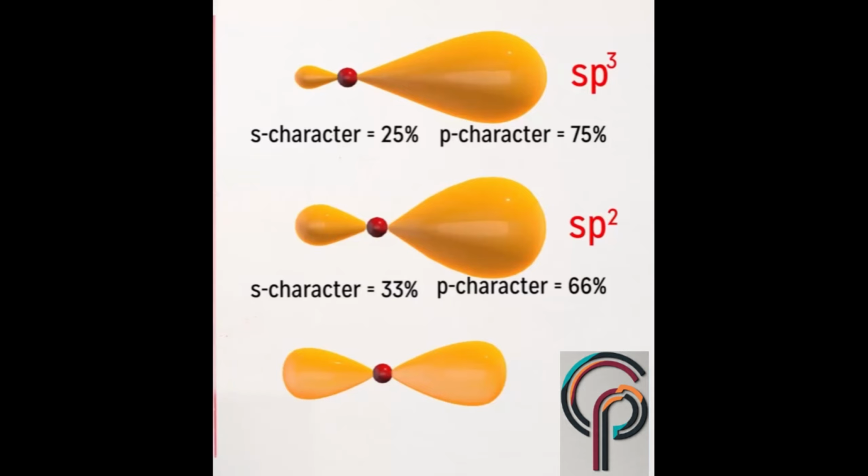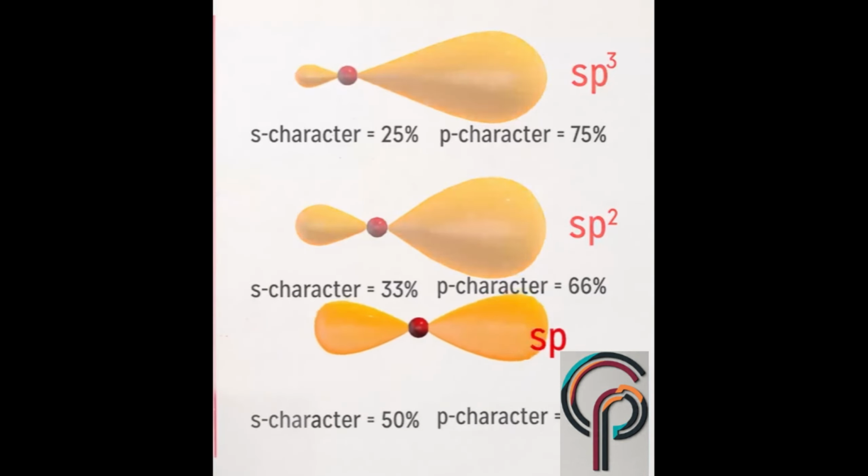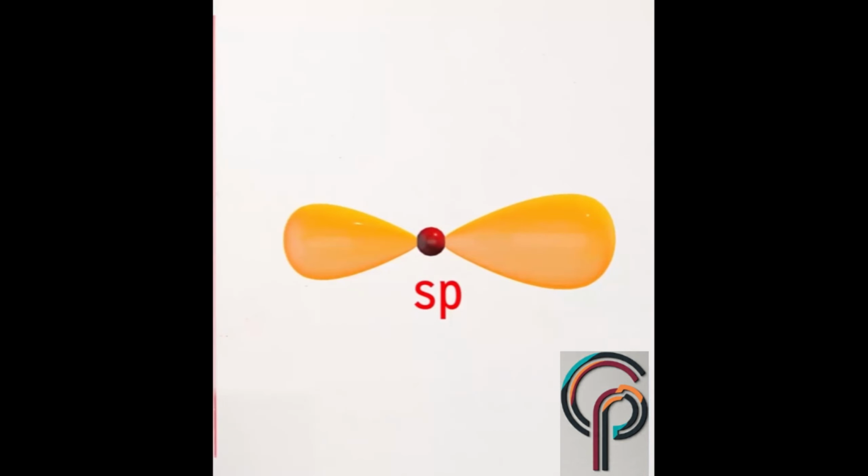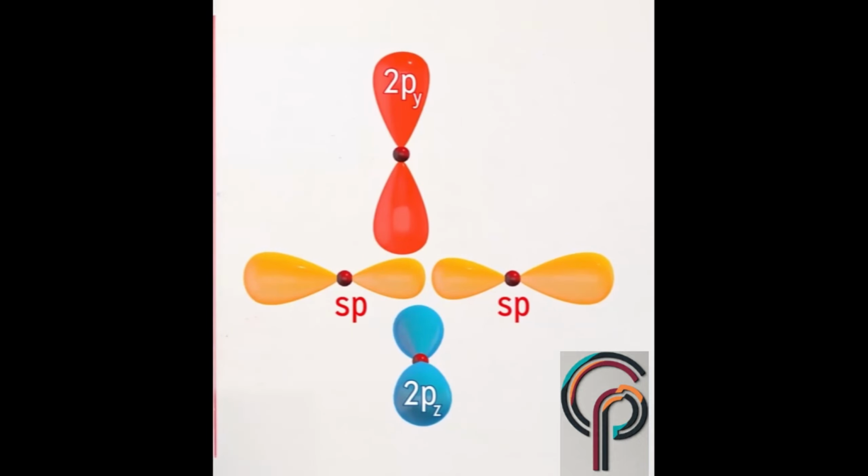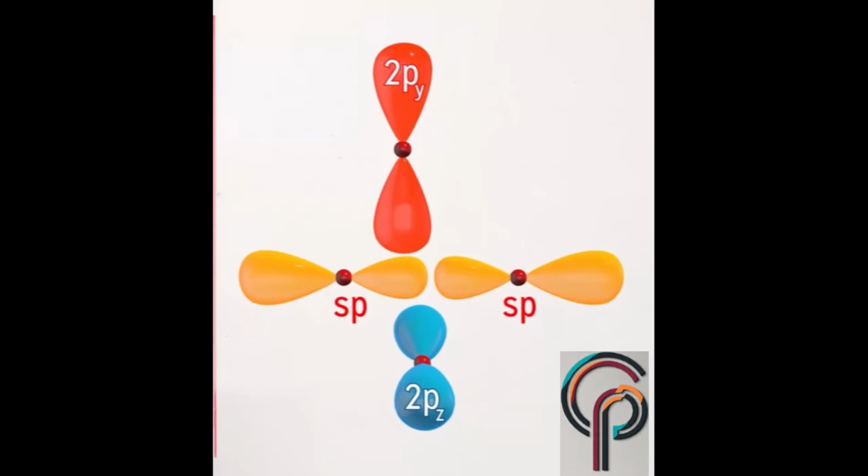In sp hybridization, which we are discussing now, the s character is 50% and the p character is also 50%. This means that one s orbital and one p orbital mix equally. Thus, carbon forms two sp hybrid orbitals and two unhybridized p orbitals, 2py and 2pz.